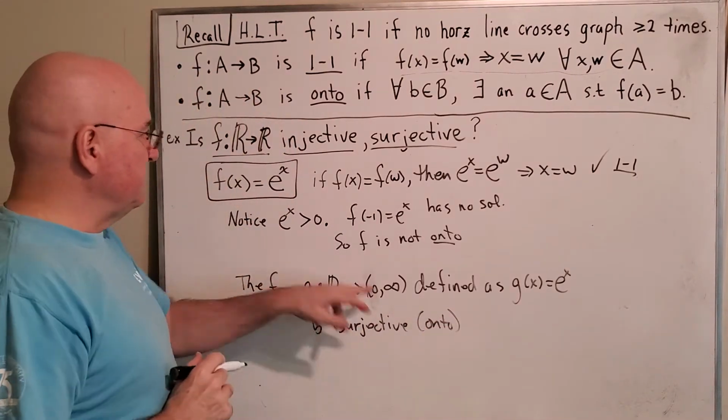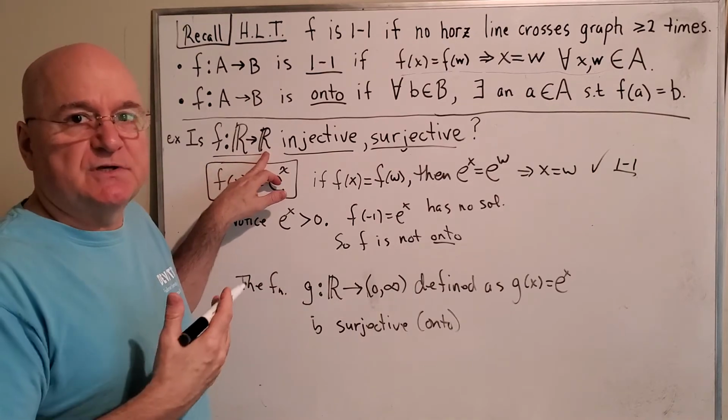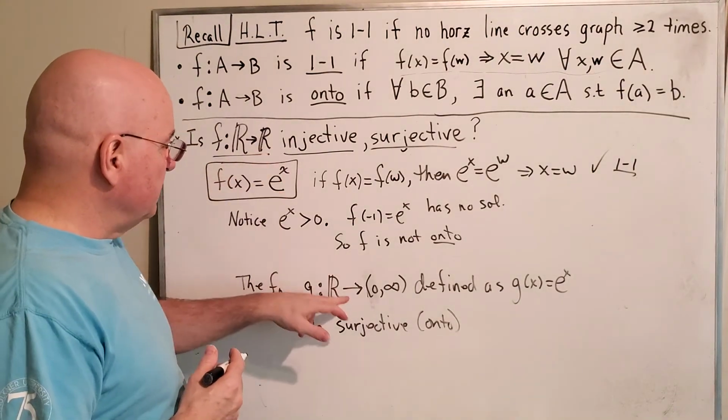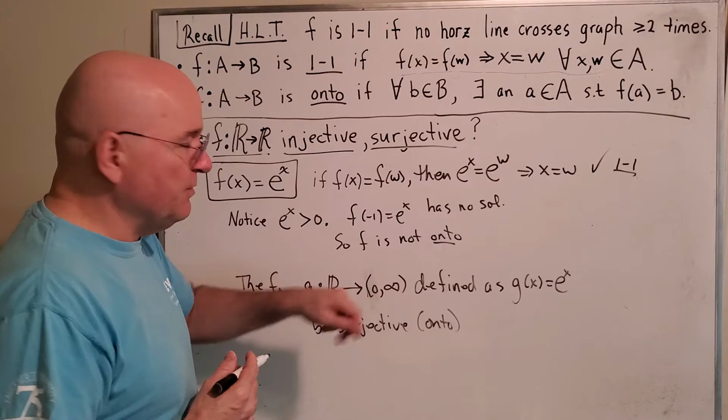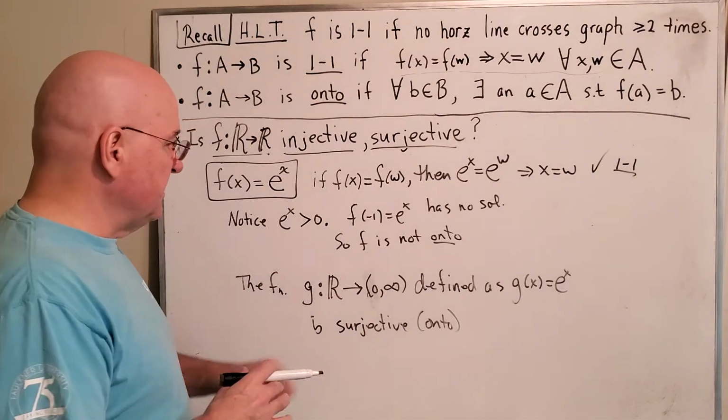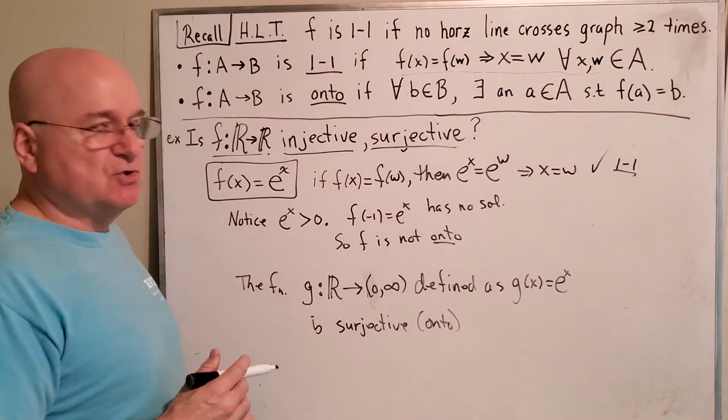So by changing the image, the range, the codomain to 0 to infinity, just the positive numbers, we could turn it into a surjective function.